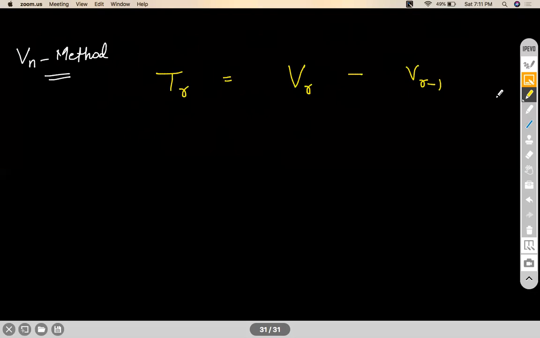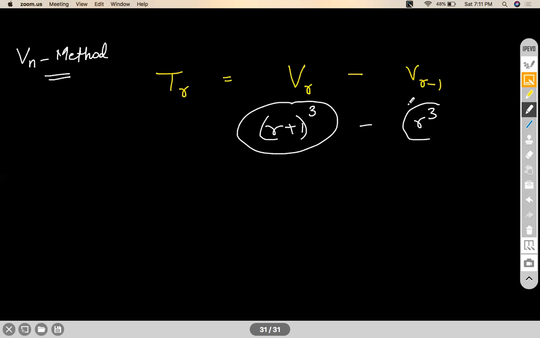Right? Do you realize when I was trying to find out the special series formulae, I did a similar activity. Remember, I wrote one as r plus 1, and the other I wrote as, let's say I was trying to find out the sum of squares of natural numbers, I wrote it like this. So this is a typical example, where if you call this VR, then this will automatically become VR minus 1.